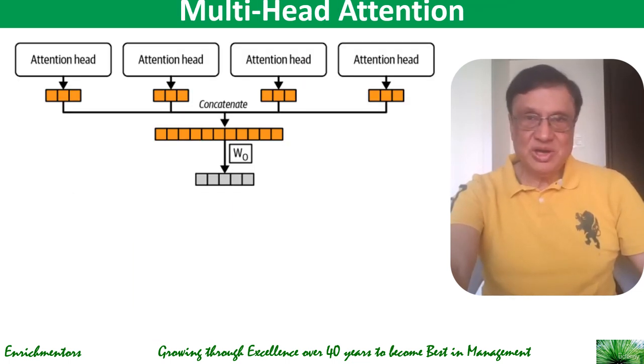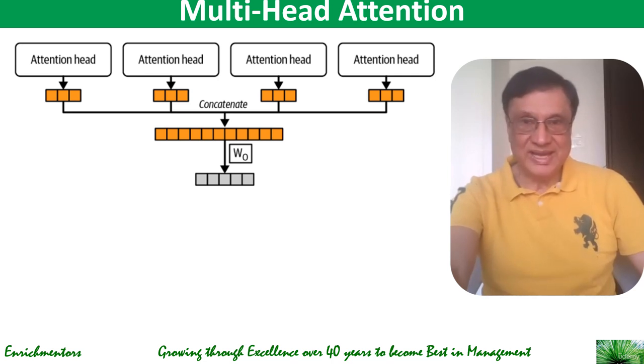Then there is what is called multi-head attention, as you see here. Multi-head attention mechanisms compute attention from multiple independently learned attention heads, as you see here, four of them. This allows the model to attend to different aspects of the input simultaneously, and it enhances its ability to capture diverse patterns and relationships. But the question is, how does it help interpretability and explainability? Let's take a look at that.